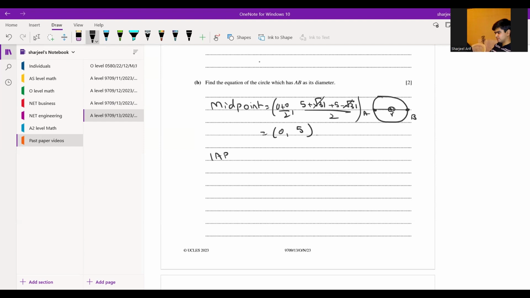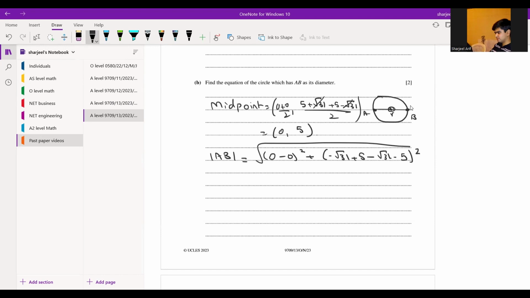For the length of the radius, we will find the magnitude of AB. Wait, there's a difference in the signs. We have a minus sign here, a negative sign here.